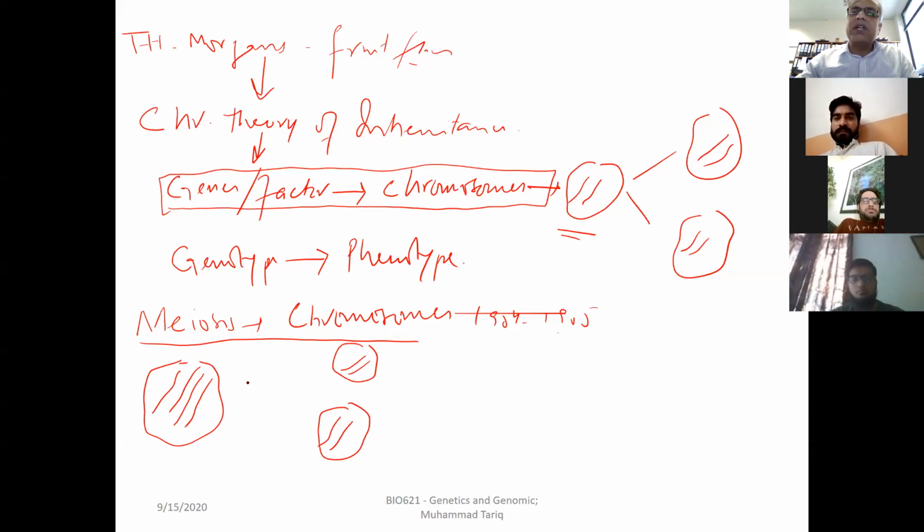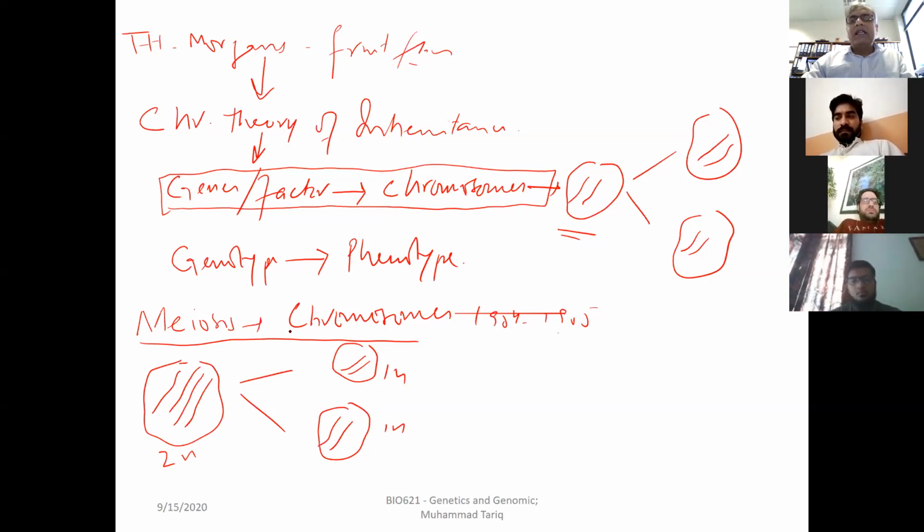And the cells which contain 2 chromosomes were very few, or selected, as compared to the majority of the cells. And this is actually meiosis. So you have diploid cells and you have haploid cells.